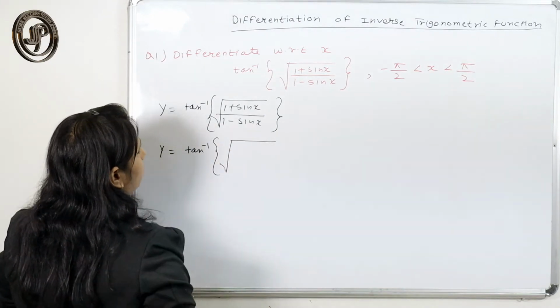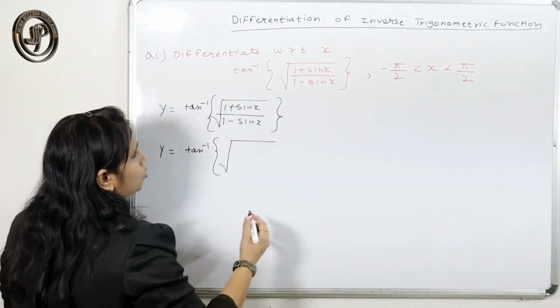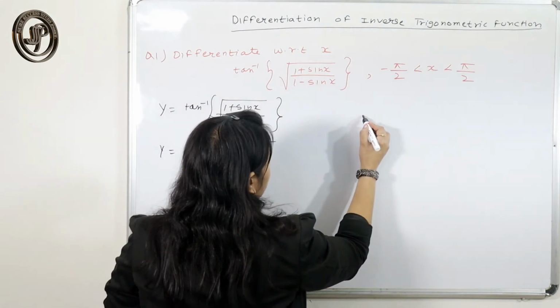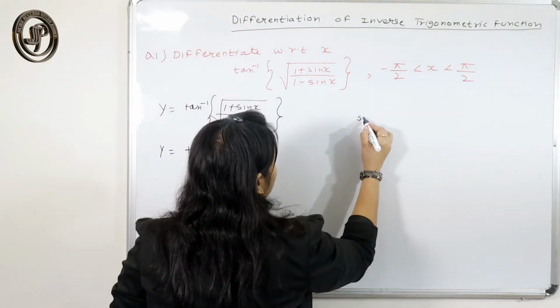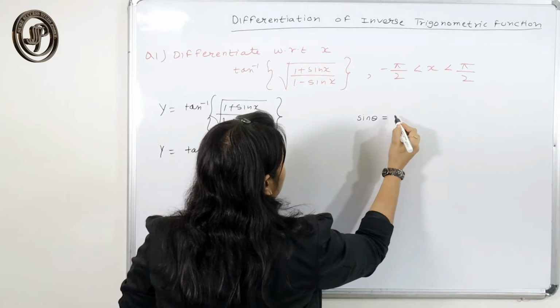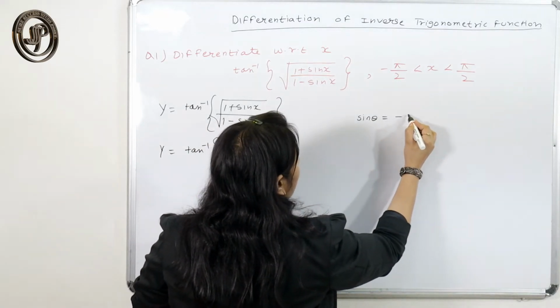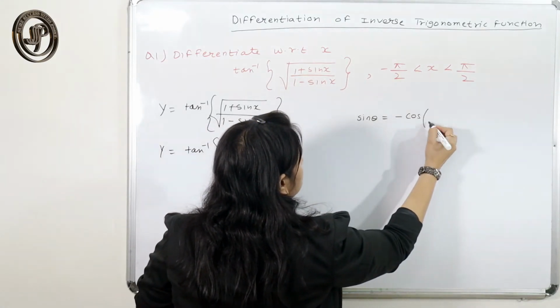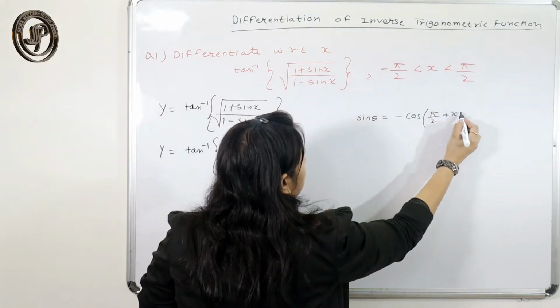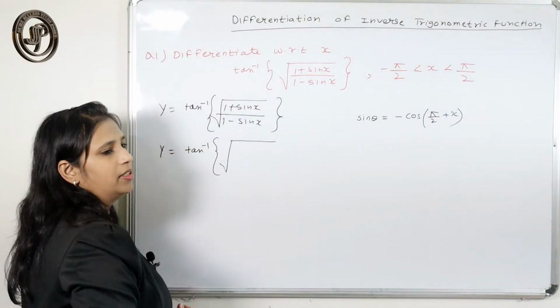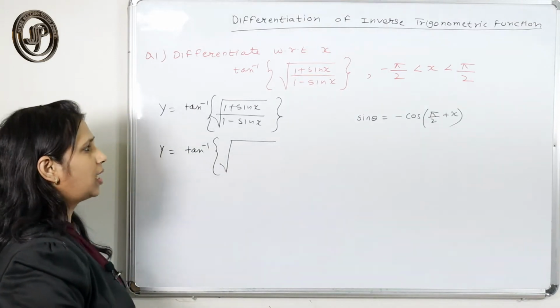If I convert this into the cos function, I know that sine theta can be written as minus cos of 90 plus theta. Cos 90 plus theta is minus sin theta.